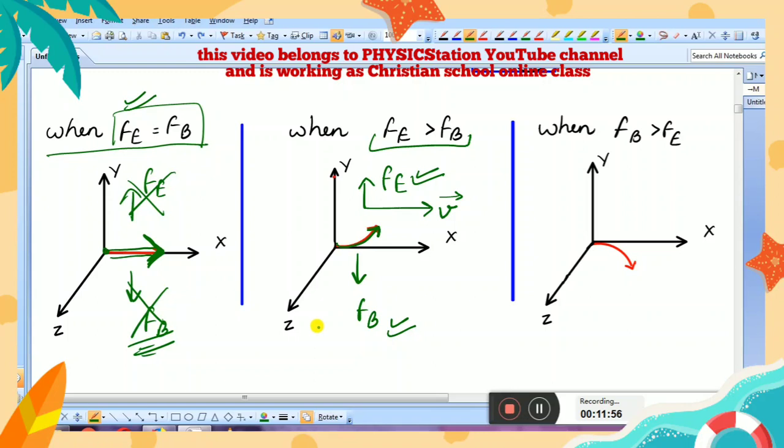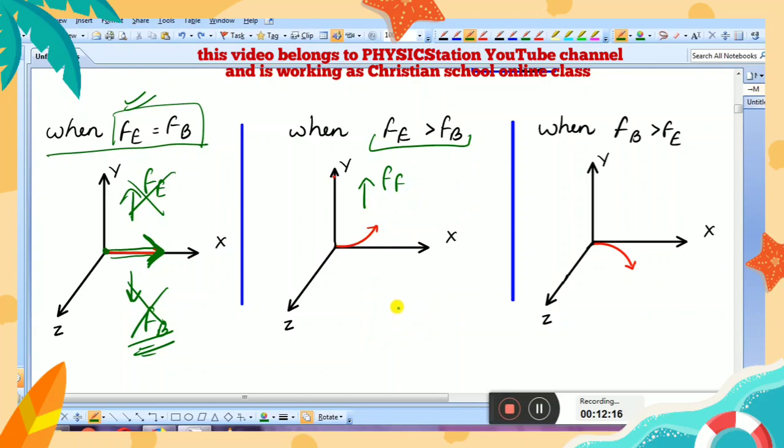We can say this is your xy plane. So in the xy plane the charge will follow a curved path. I hope you understood all these facts.